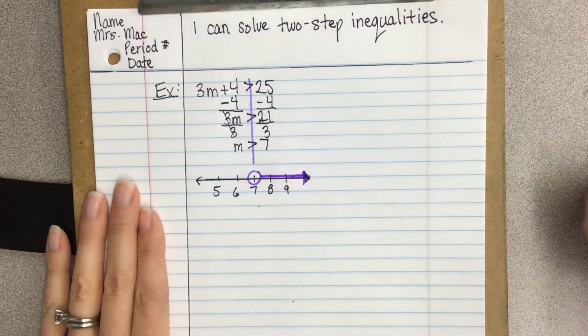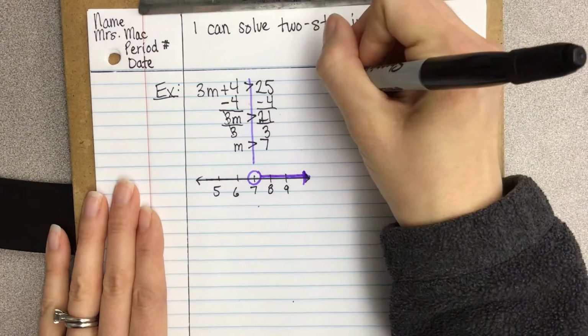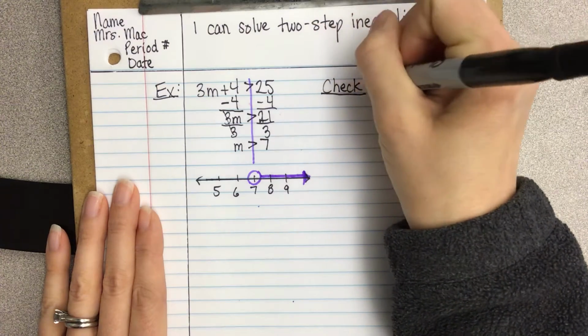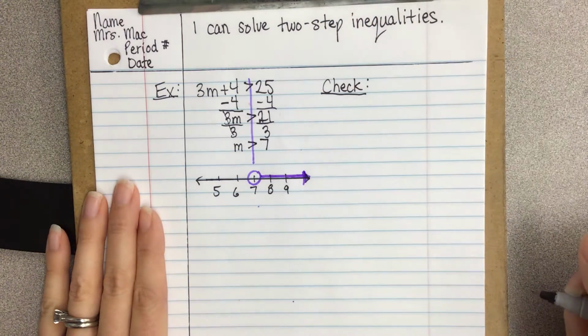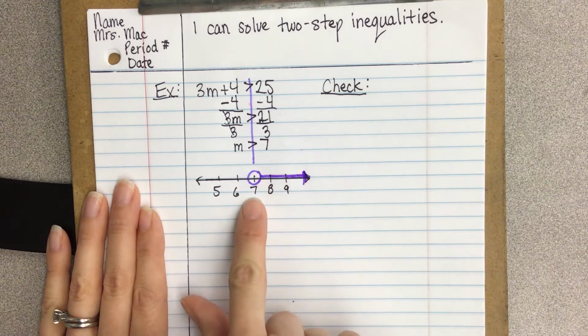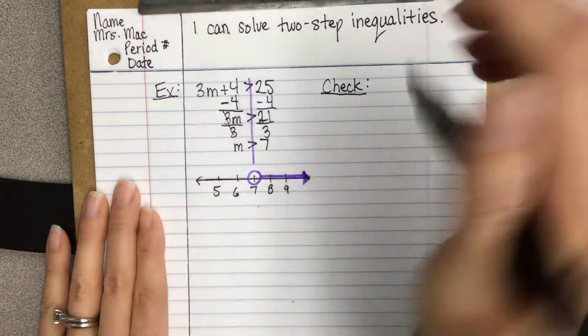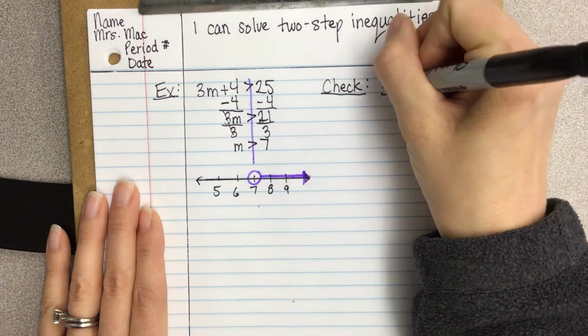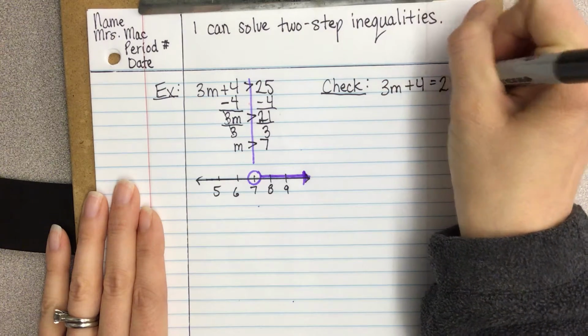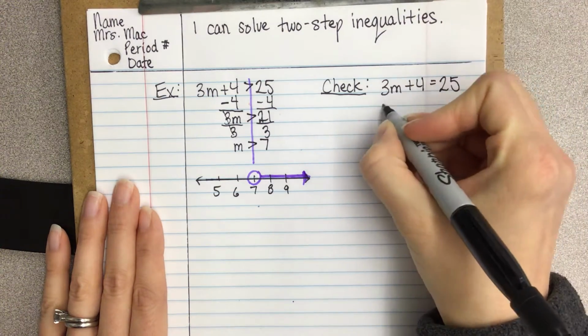Okay. Now the checking portion is something that still seems to be confusing to some people. So let's just start with checking to make sure 7 is the correct point to have the circle on. The way that we do that is we turn this into an equation. And we're going to put 7 in here for m.